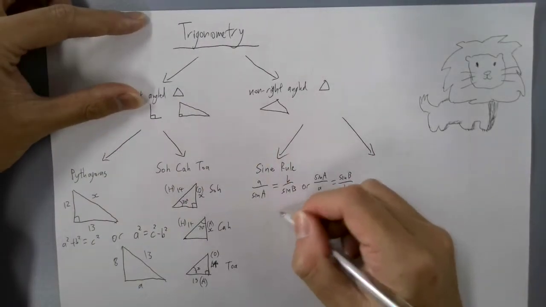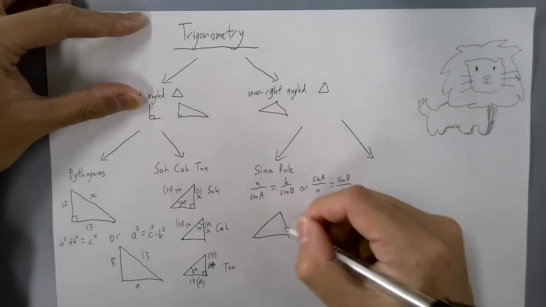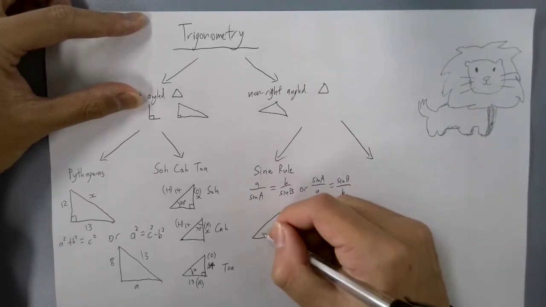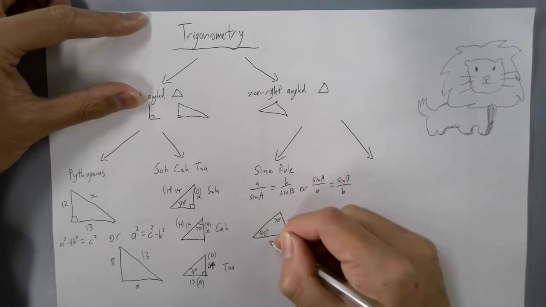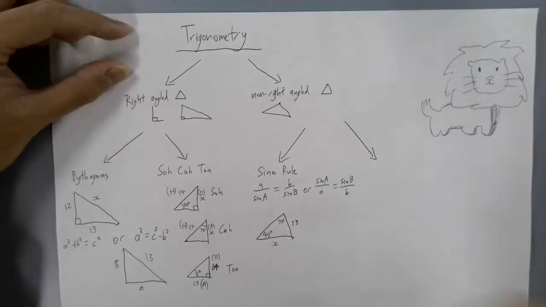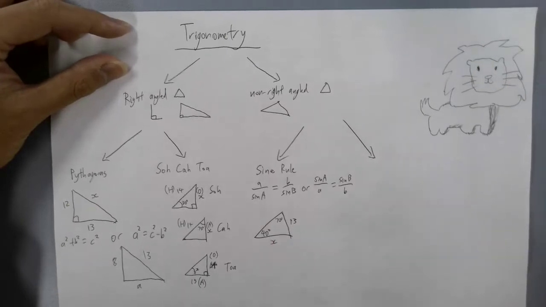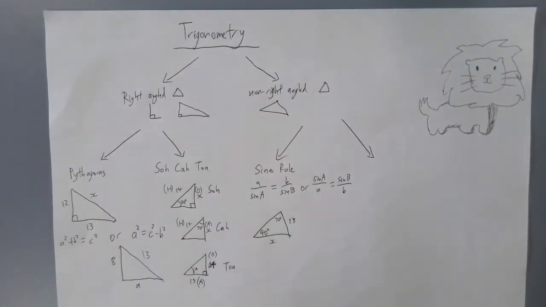Now, one quick example of this: 13, let's just say this is 40 degrees, this is 70 degrees, and we don't know what that is. What we do is we match the pairs. What Mr. Finicum has described to you is when you have some cross pairs.